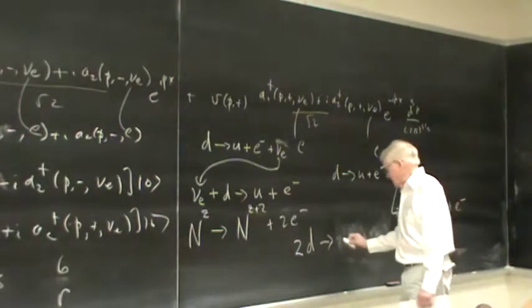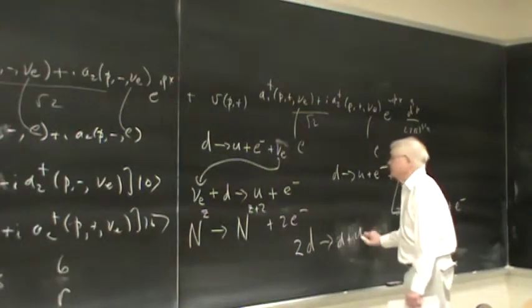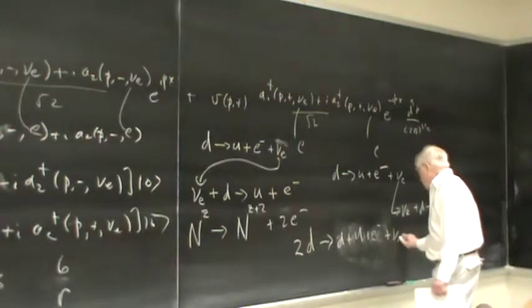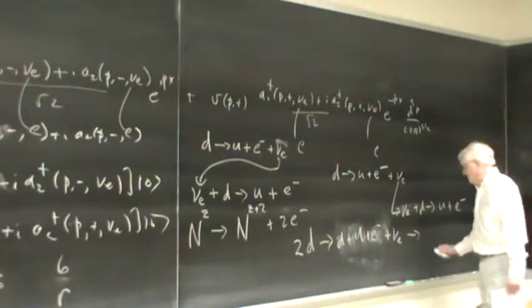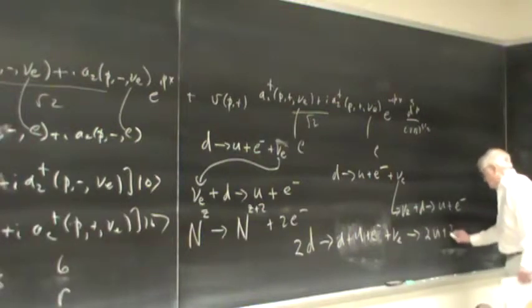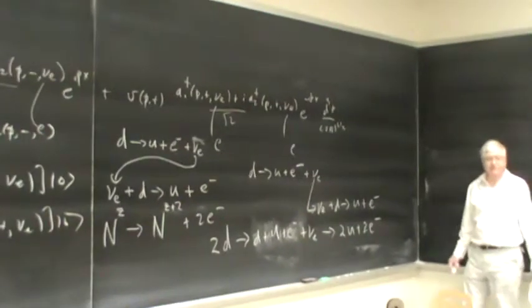The intermediate state would be D plus U plus E minus plus nu E, and this then goes to 2U plus 2E.